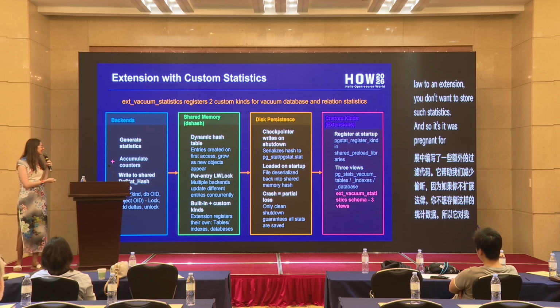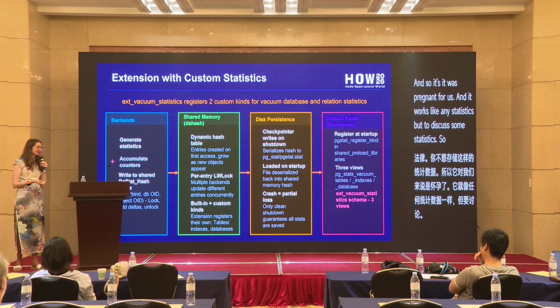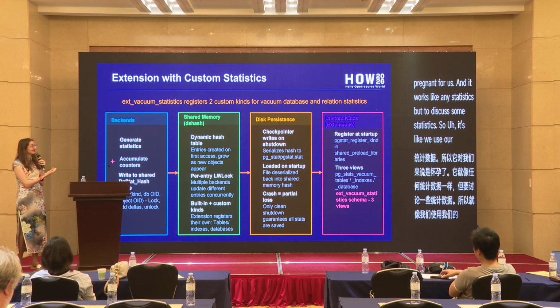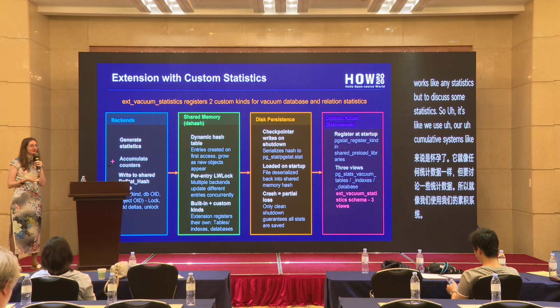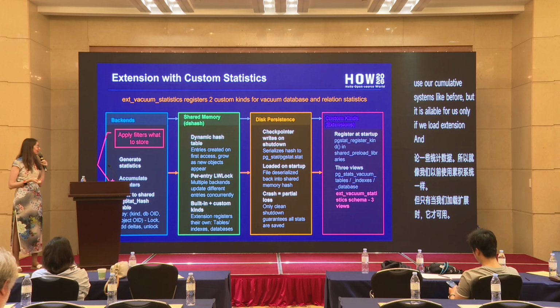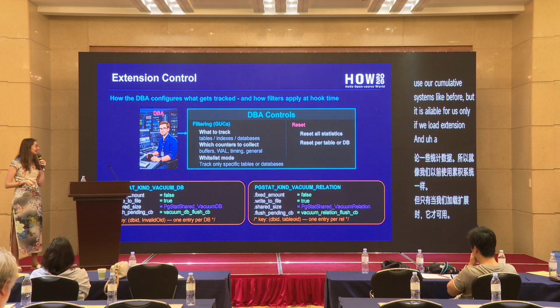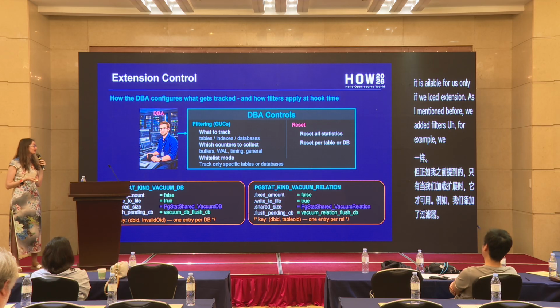It works like any statistics, but it is custom statistics. We use our cumulative statistics system like before, but it is available only if we load the extension. And as I mentioned before, we added filters for what we want to track.